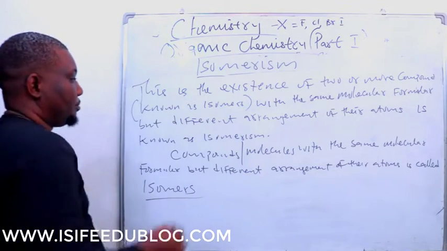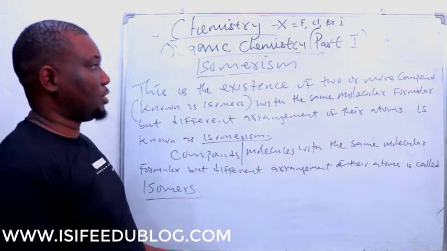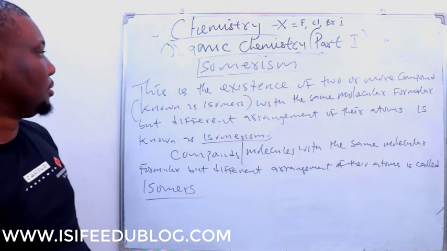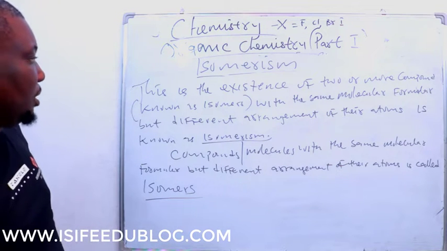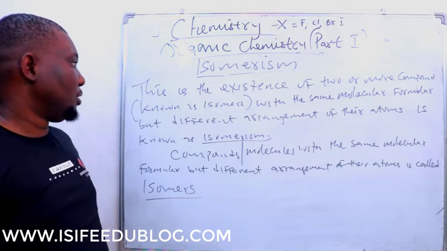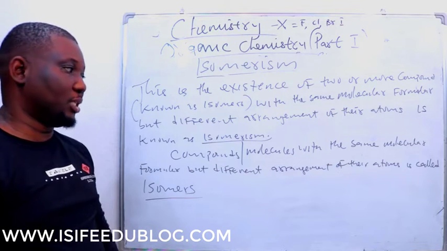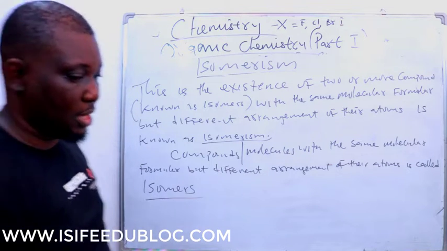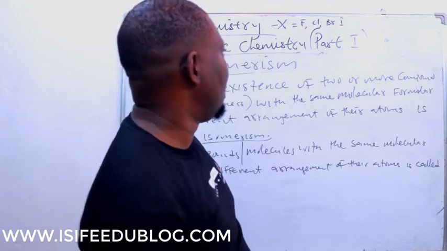Please take notes. The existence of two or more compounds with the same molecular formula but different arrangement of the atoms is known as isomerism, while compounds with the same molecular formula but different atoms arranged in place are called isomers.